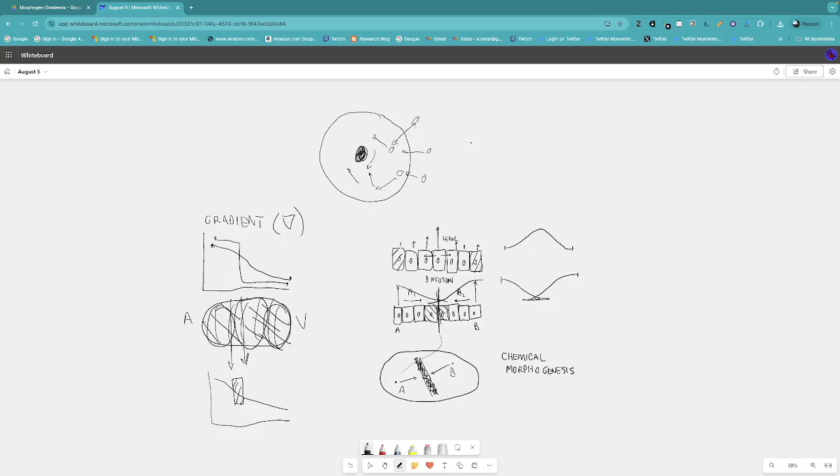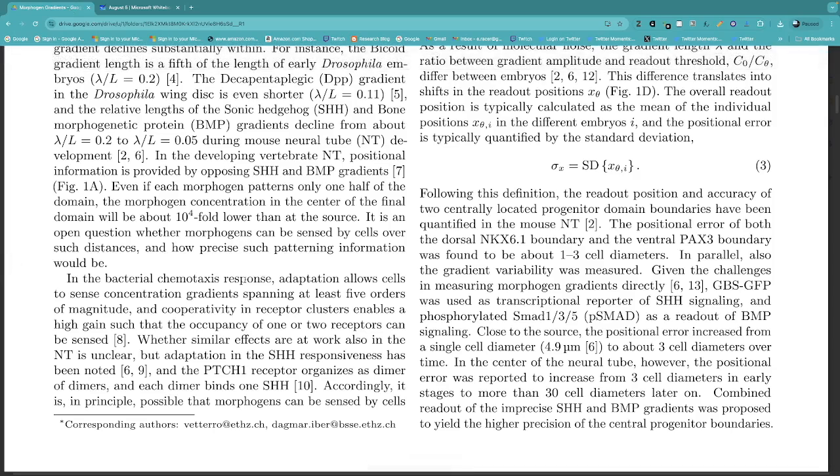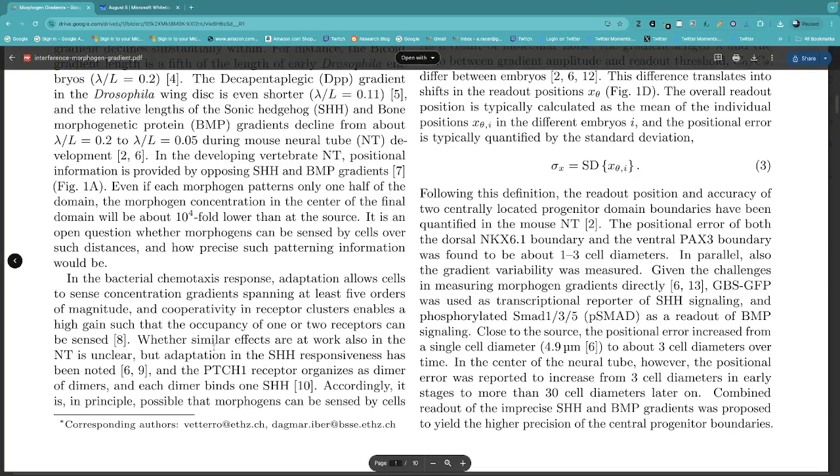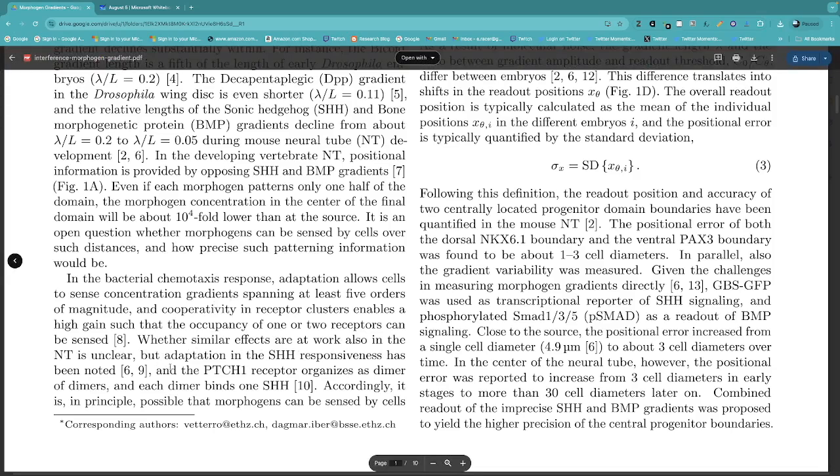I mean, there are bacterial colonies, but they're going towards this chemical gradient independently, at least nominally. They may give information to each other about the best way to get to the gradient, but that's not really what chemotactic responses are all about, at least the way we measure them. Whether similar effects are at work also in the neural tube is unclear, but adaptation of sonic hedgehog responsiveness has been noted.